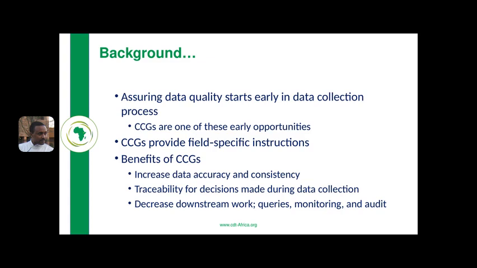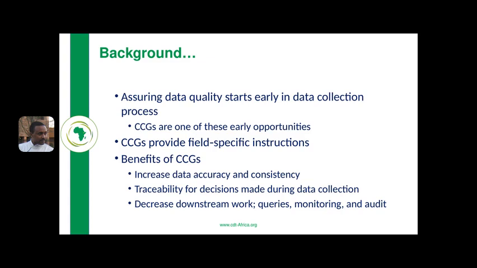Following that, we need to transfer the data from the source document into the CRF, and accurate and complete transfer of this data from the source document to the CRF is going to be ensured by the CRF completion guidelines, and hence these guidelines are one of those early opportunities to improve the data quality.